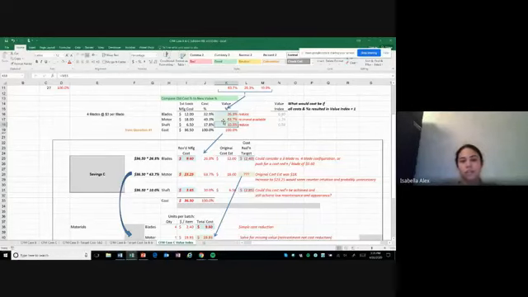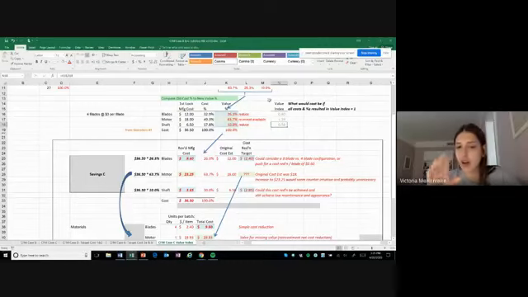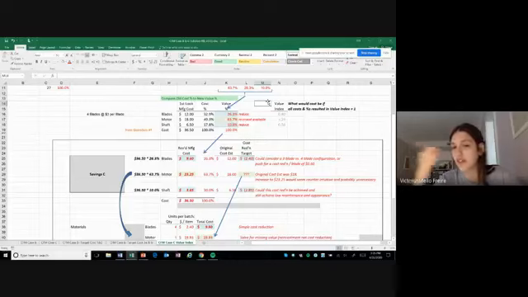I don't know if there's ever been an instance on the exam where there has been a value index of 1. It could happen, but what's more likely is if there is something that says 1, it's going to be like under 1 and then over. So that way you know which one is the reinvestment one. And is it just 1 or is it from 0.9 to 1.1?